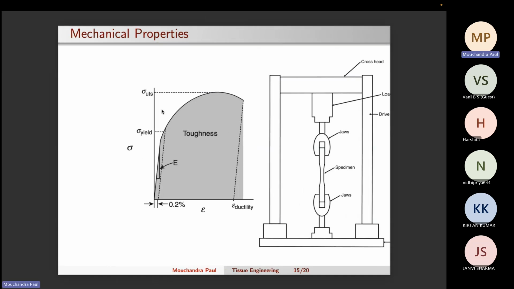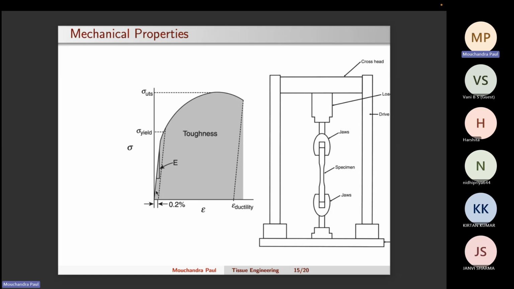So in Hooke's law, this is the stress, this is the strain. Sigma stands for stress, and epsilon stands for strain. So there is a linear region where stress is proportional to strain. This region is given by the law, and this is the elastic region.